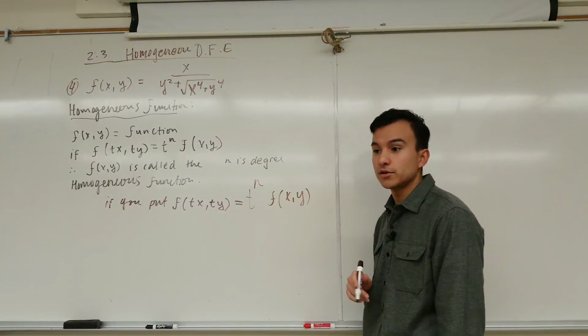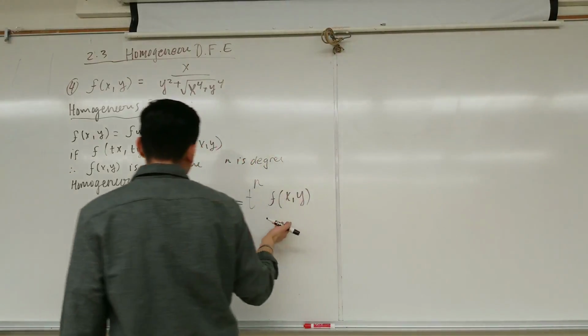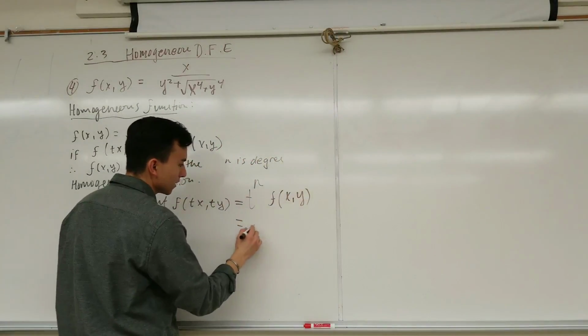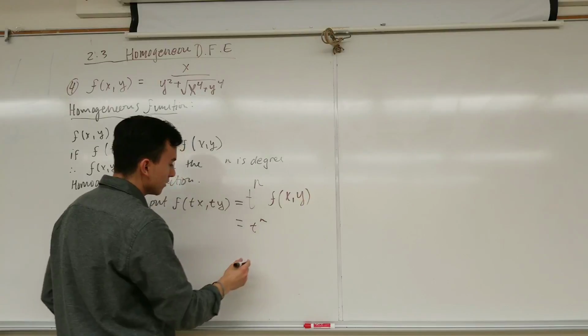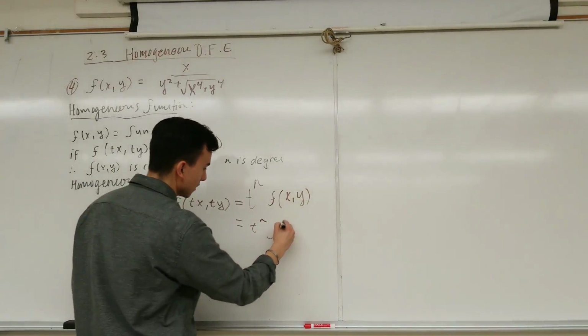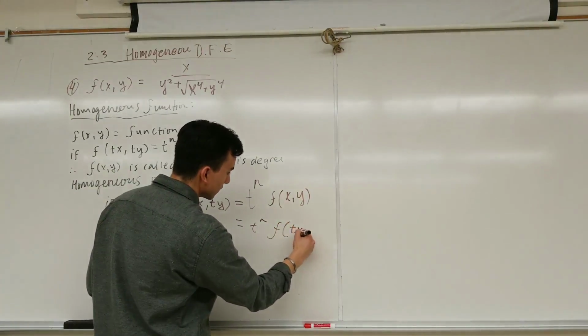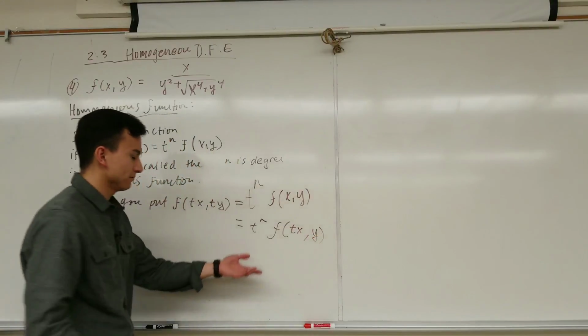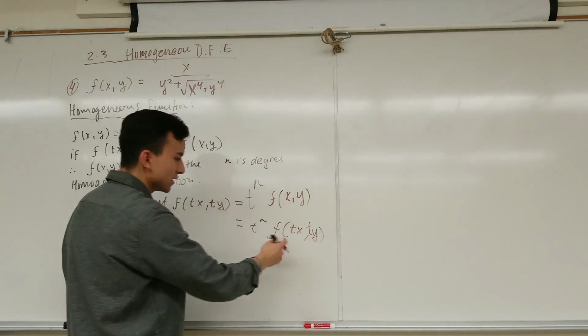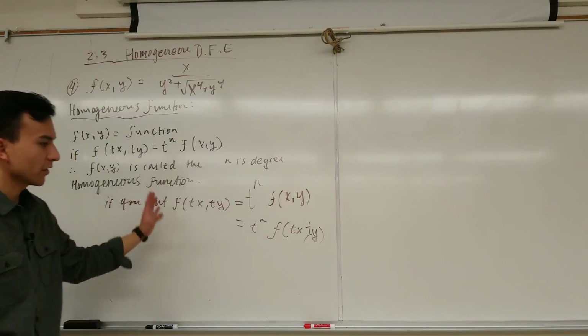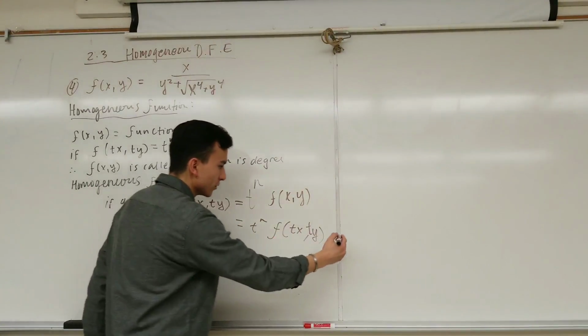But let's just say you don't get the function that you started off with. Let's just say you get some function that has the t in it. Let's say you got, I don't know, something like that. If the t is somewhere in the function you started off with, then it's not homogeneous.